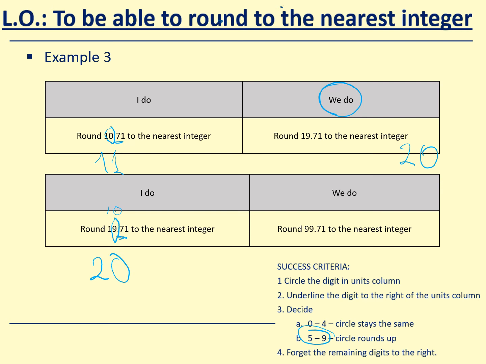And after that is nothing. So all the other ones become 0. So it's 20.00, which I don't write. So 19.71 rounded to the nearest integer is 20. Now pause the video and have a go at the next question. Okay, if you have 100, well done.